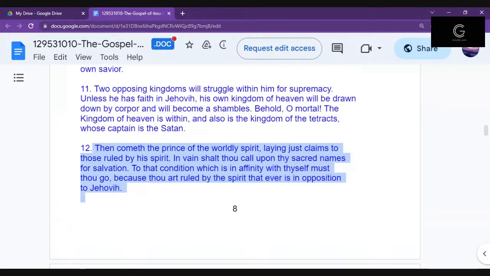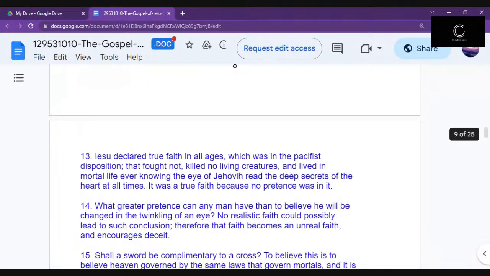So what you're bound to on earth, you're bound to in the heavens, because thou art ruled by the spirit that ever is in opposition to Creator. Iesu declared the true faith in all ages, which was in the pacifist disposition that fought not, killed no living creatures.